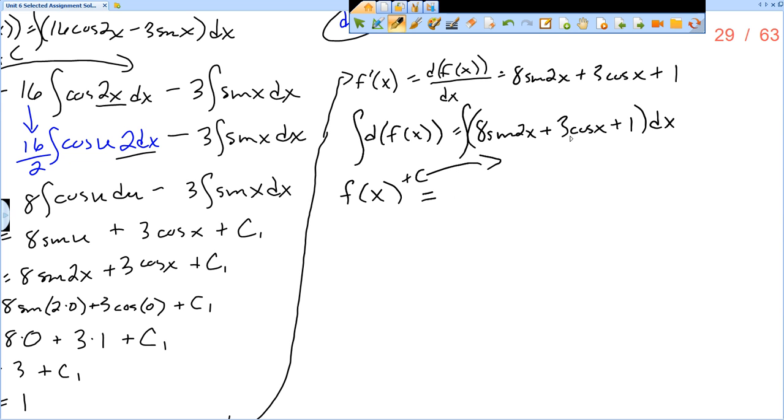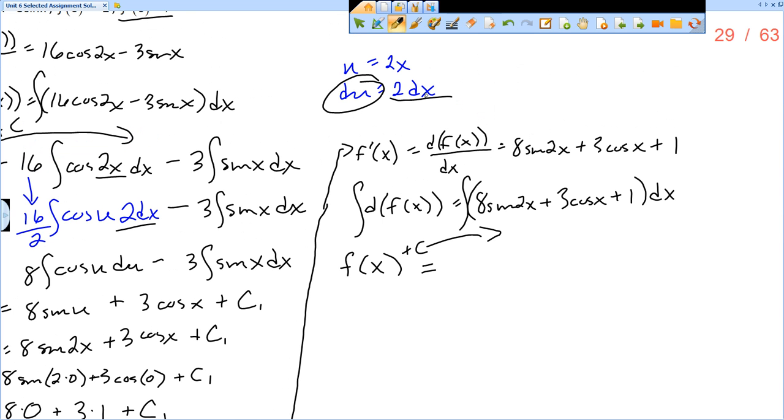All right, so now, once again, just like I did earlier, I need to do a u substitution, but only on the sine of 2x. So it's going to be the same u substitution: u equals 2x. So I have 8 times the integral of the sine of u dx, plus the integral of 3 cosine x plus 1.